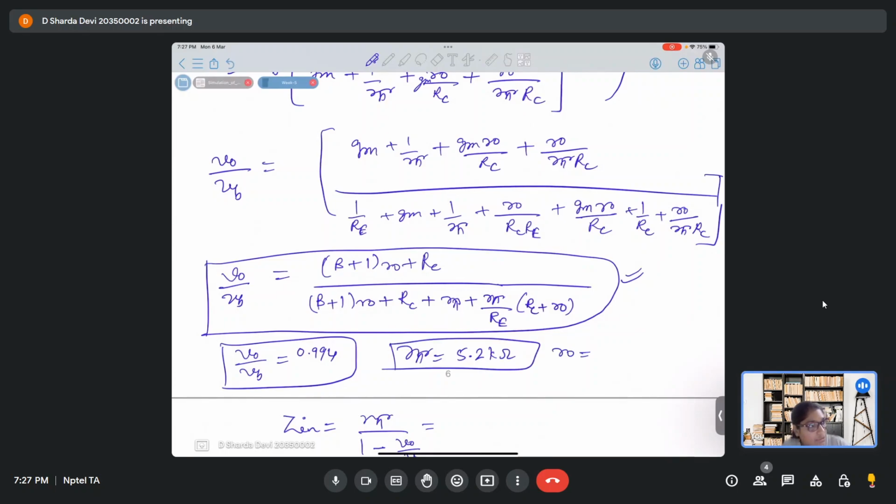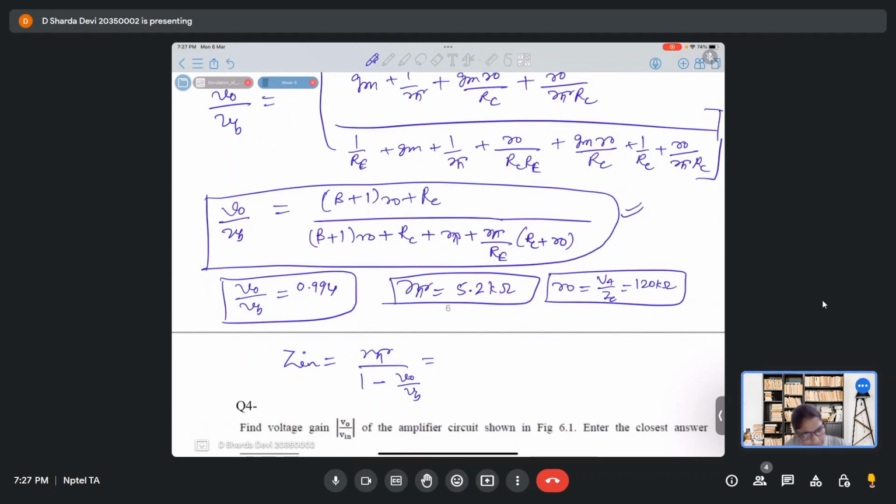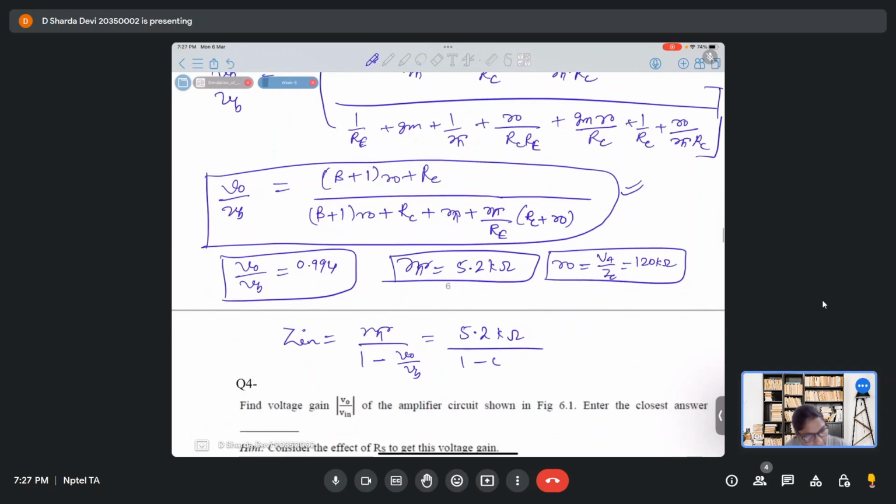R0, we know it is VA by IC. It's also 120 kilo ohms. So we know R pi, R0, beta, everything, Rc, Re. So from there we can get this V0 by VB to be 0.994, and Zn is 5.2 kilo ohms by 1 minus 0.994.